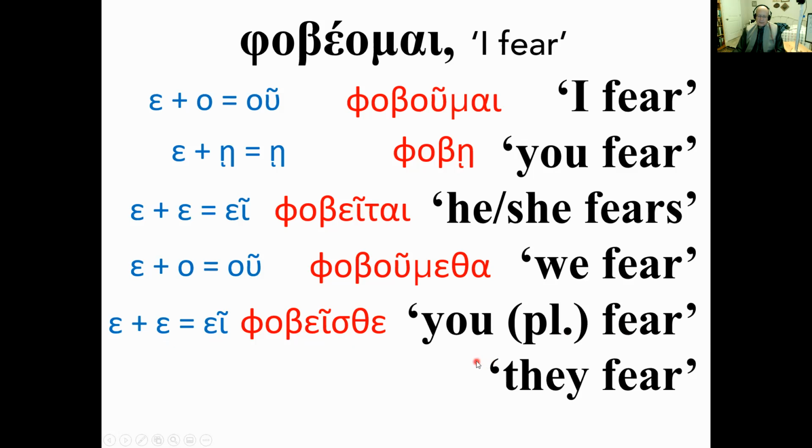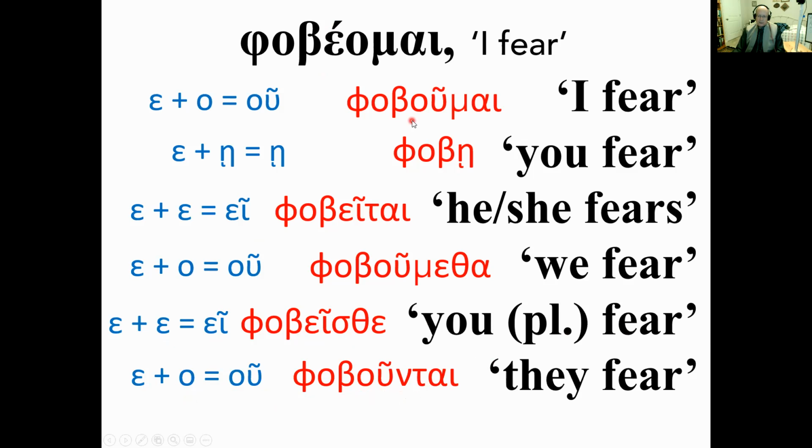They fear becomes phobuntai, because epsilon and ontai combine to make untai, phobuntai.